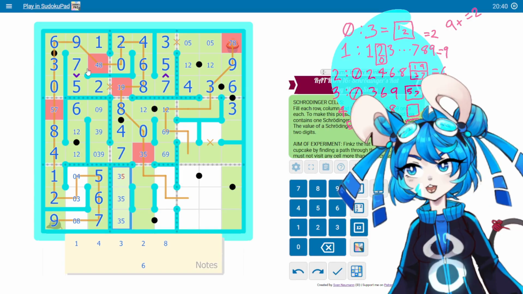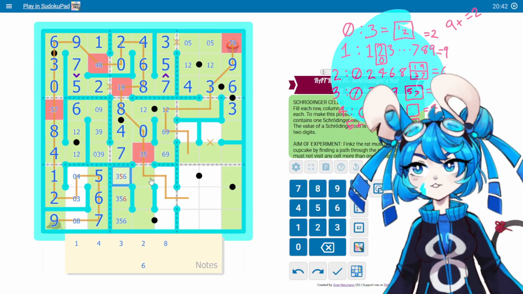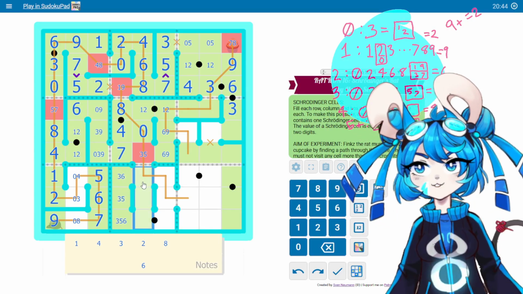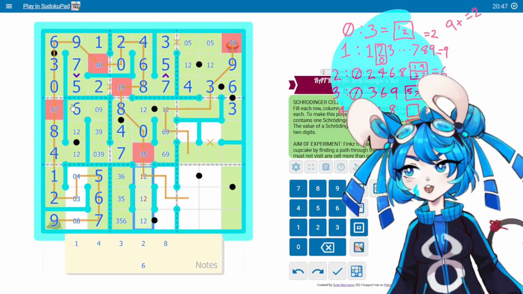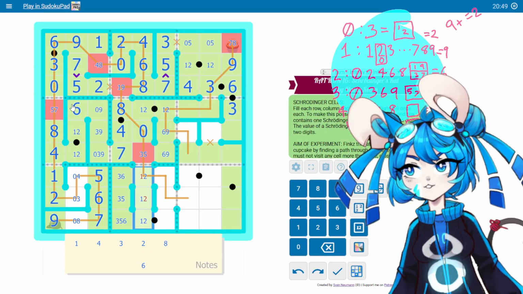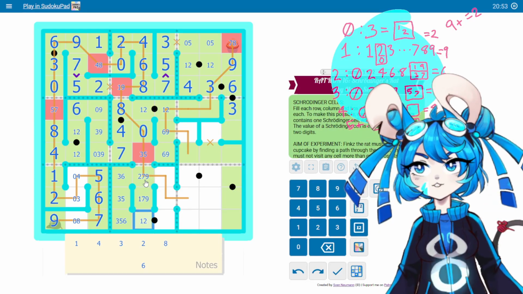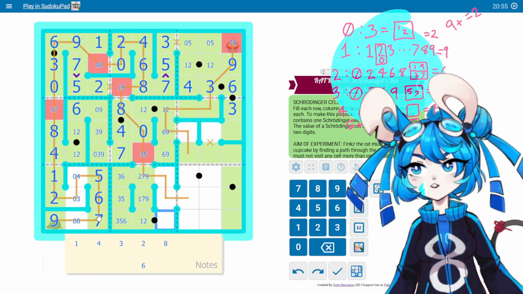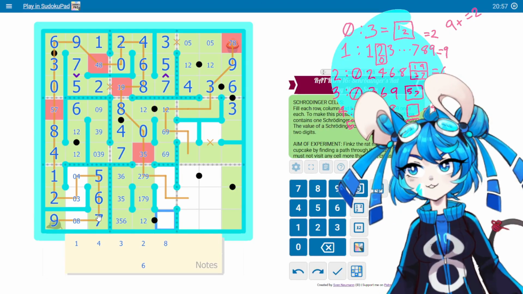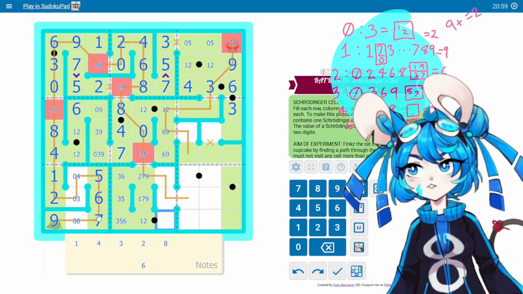Let's see, these three cells are 3, 5, and 6. These three cells are 1, 2, 7, and 9. This 1 and 2 means this also probably has to be 1 and 2.